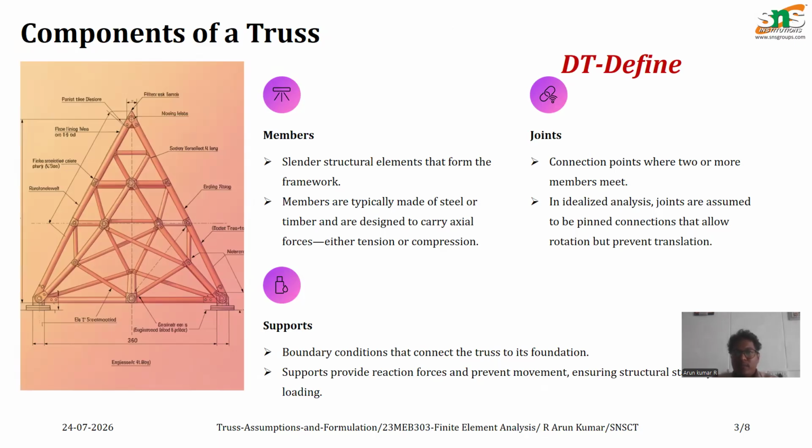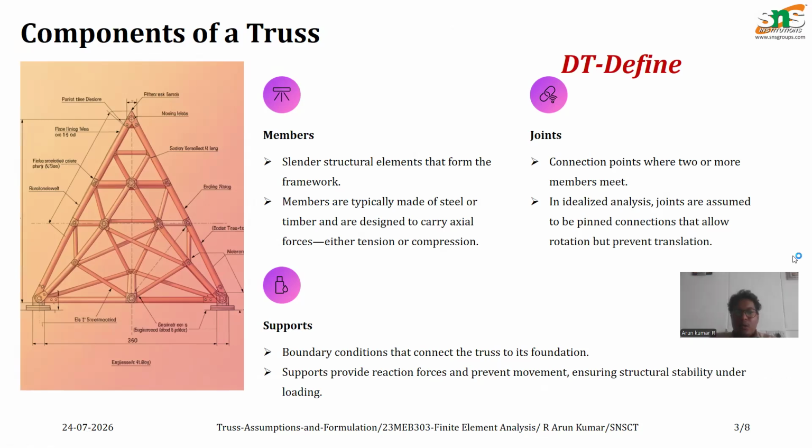Joints are the connecting points where two or more members meet, and in analysis joints are assumed to be pinned connections that allow rotation but prevent translation. Supports are the boundary conditions that connect the truss to its foundations. The supports provide the reactions to prevent movement and ensure structural stability under loading.